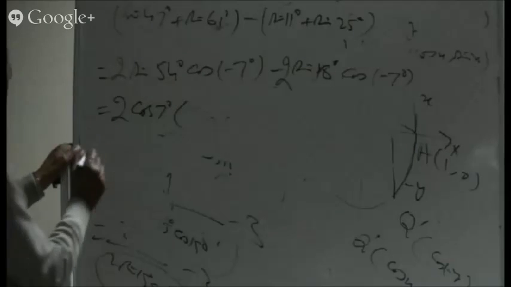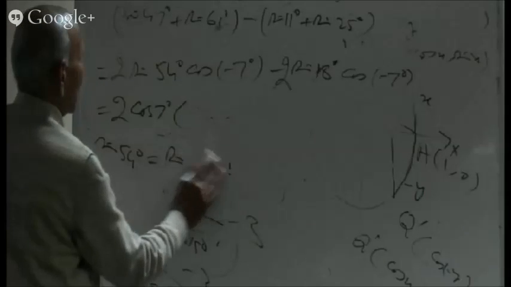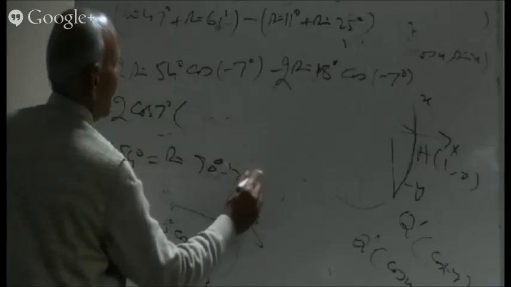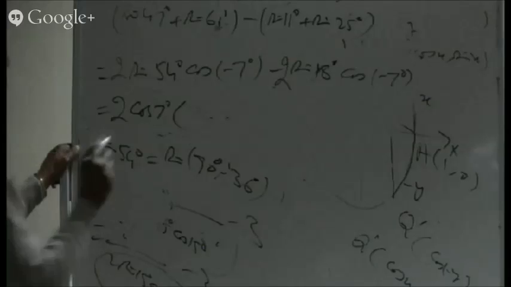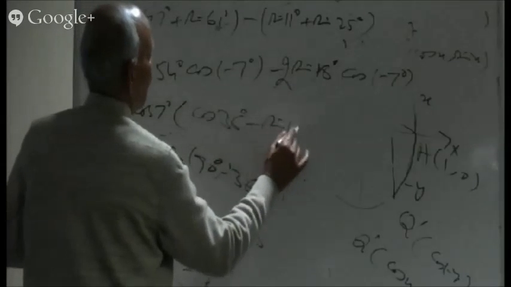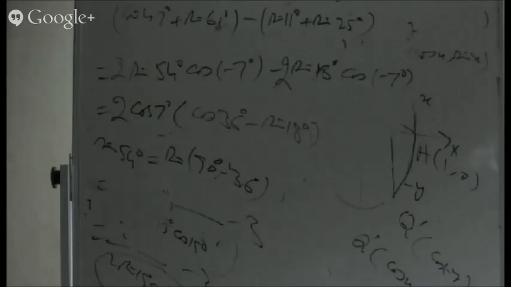Sine of 54 can be written as sine of 90 minus 36. Is it right? Can I write cos of 36? So here is cos of 36 and minus sine of 18. Is it clear? Or cramming?